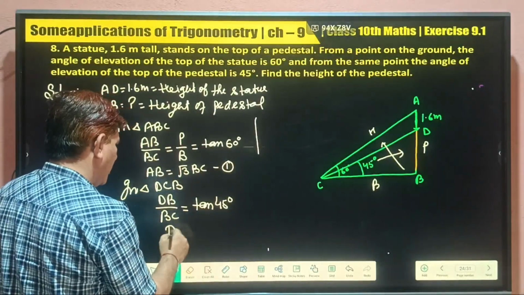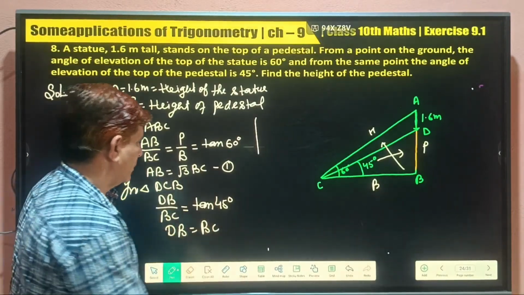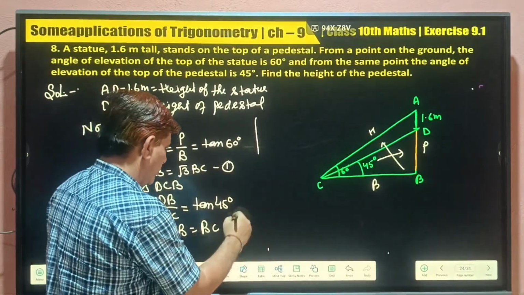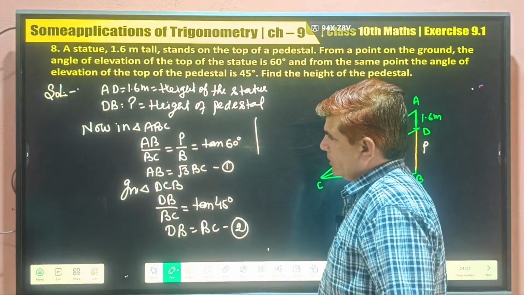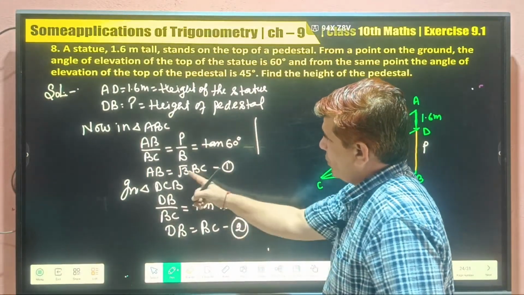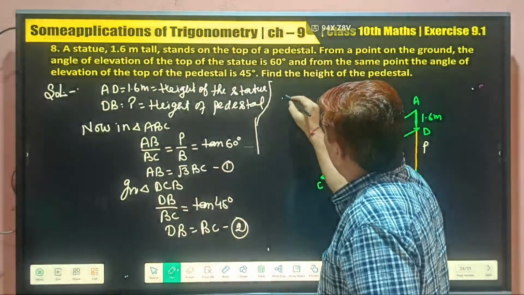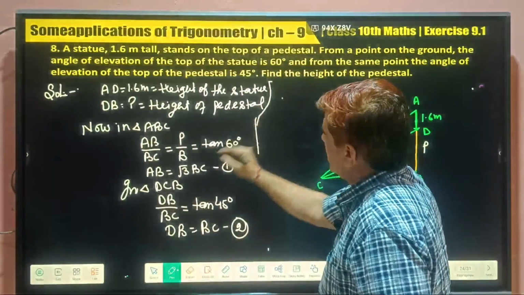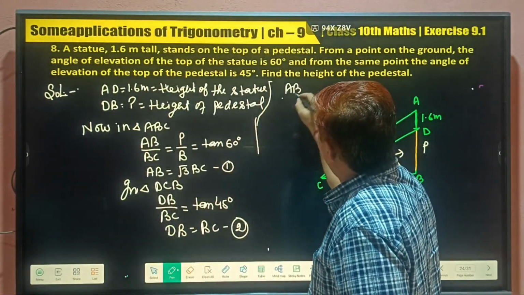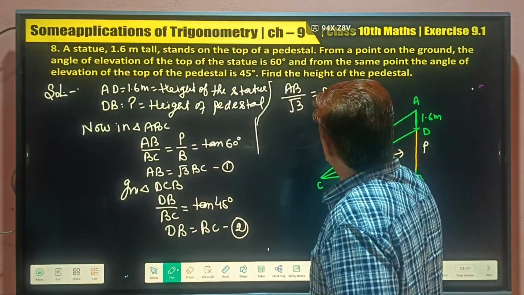So DB equal to BC. This is your second. From first and second, what can you write? AB by under root 3 is equal to DB.